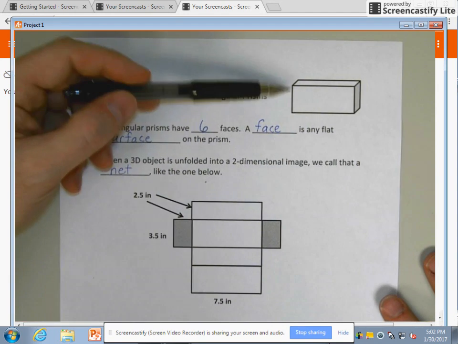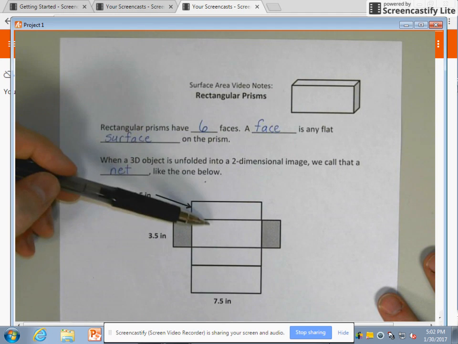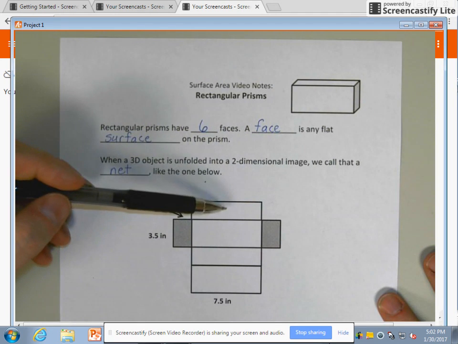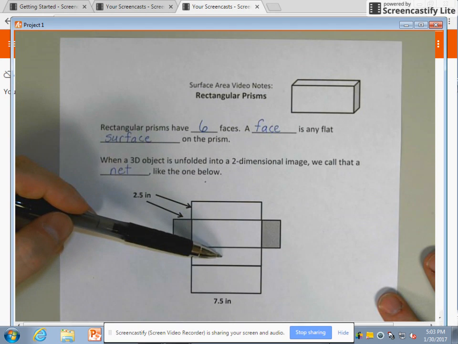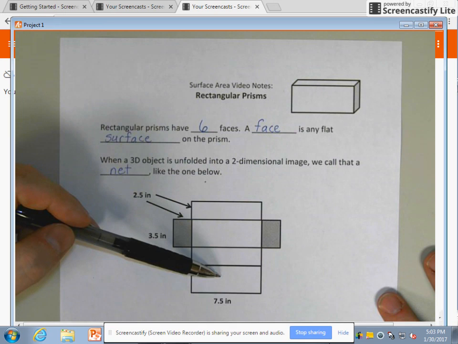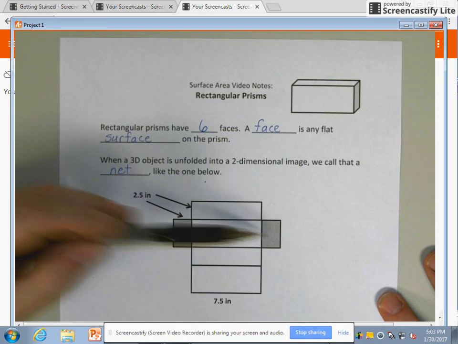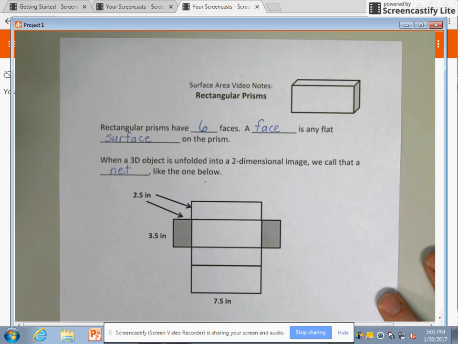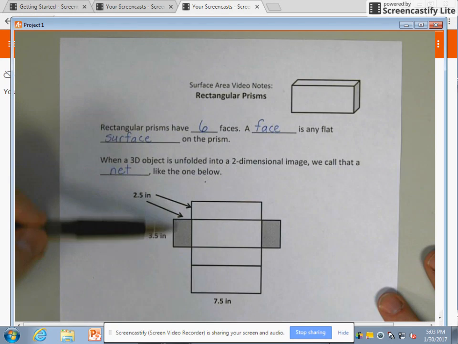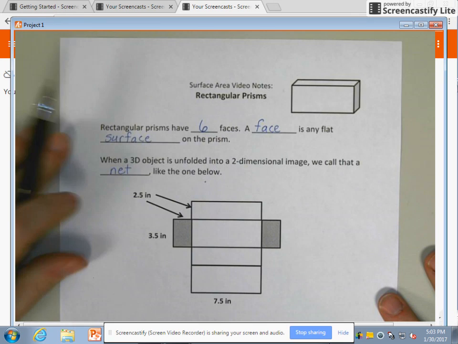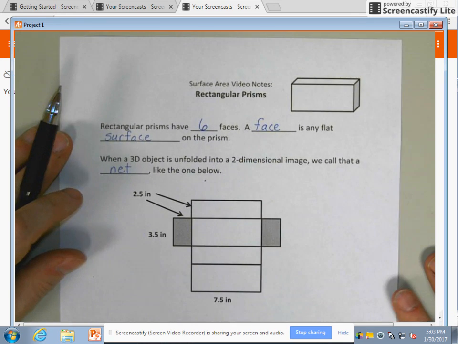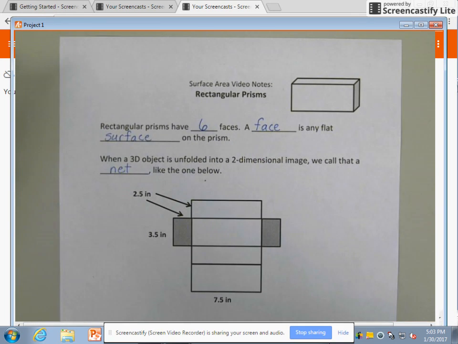So if we think of this box unfolded here, we would have a top and the front side, and the bottom and the back side, and these out here would be the 2 edges. Now we've shaded this and this here, and we're going to talk about what that is in a minute, but the first thing we want to do is remember how to solve for area of a rectangle.